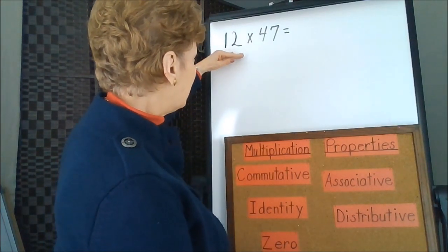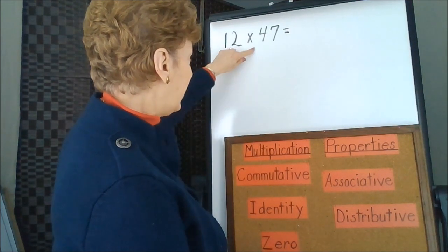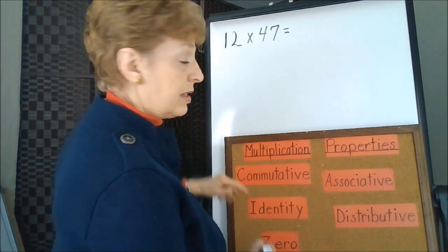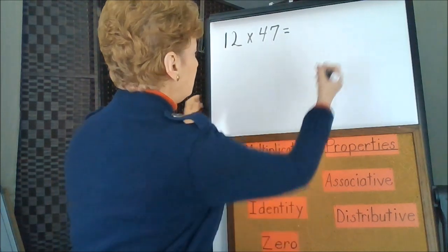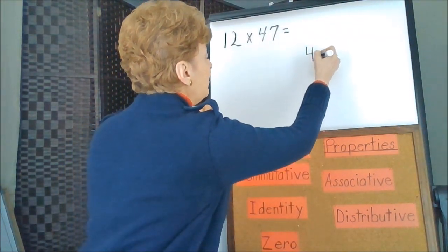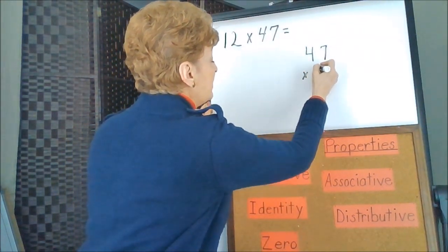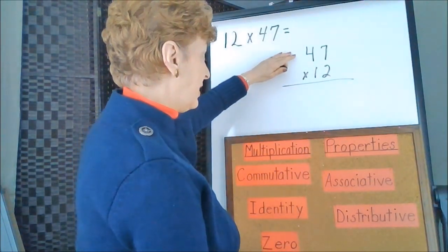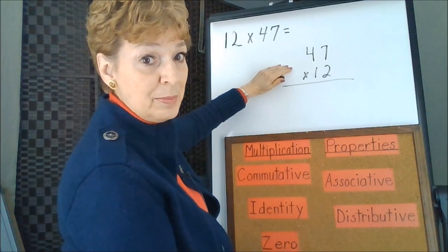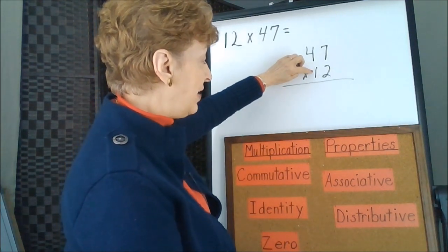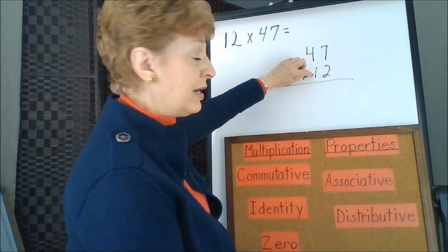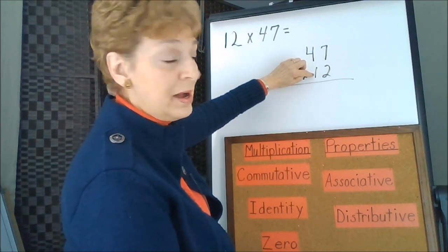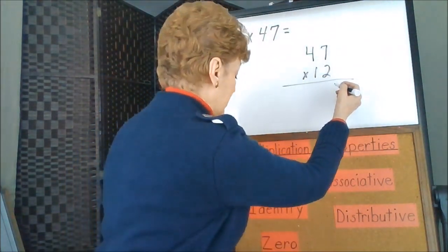So in this particular problem, we could commute the numbers, that means flip them around, and put the 47 first and times it times the 12. We're using the flip or the commutative property, and then we're going to take advantage of the identity property when we multiply by 1. The problem looks like this.